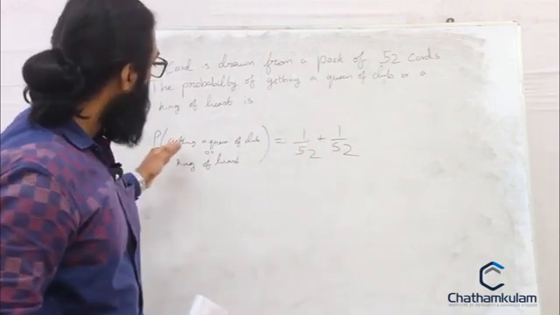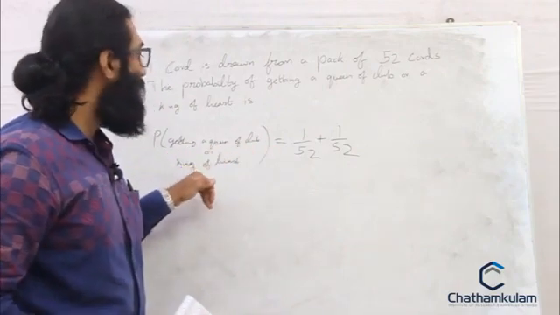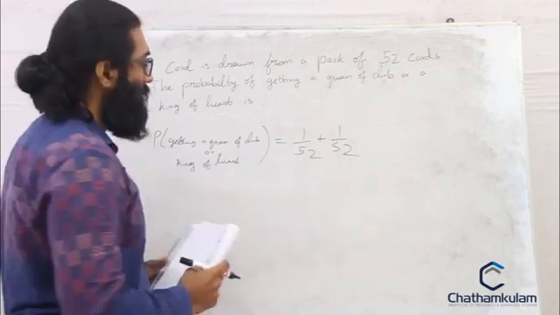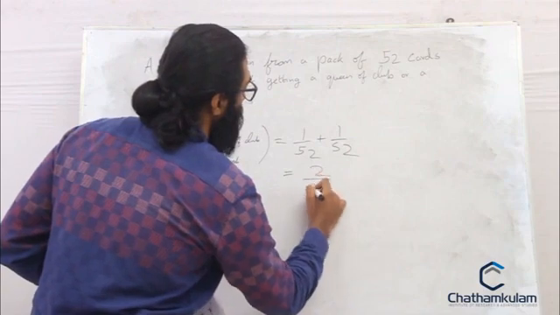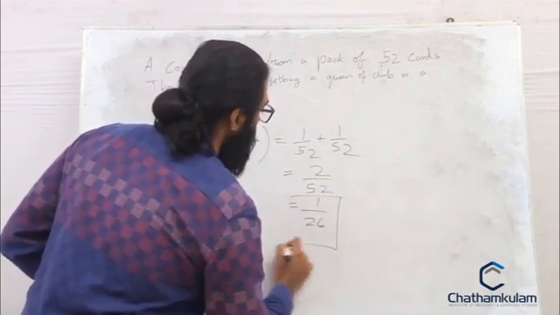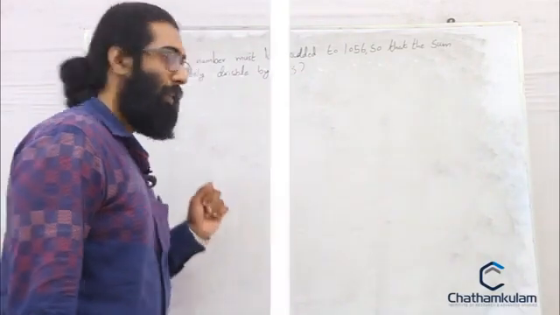Because it's given probability of getting a queen of club or a king of heart. So we add both the probabilities. So we get 1 plus 1 is 2 by 52, which is equal to 1 by 26. So this is the probability of getting a queen of club or king of hearts. So let's see the next question here.